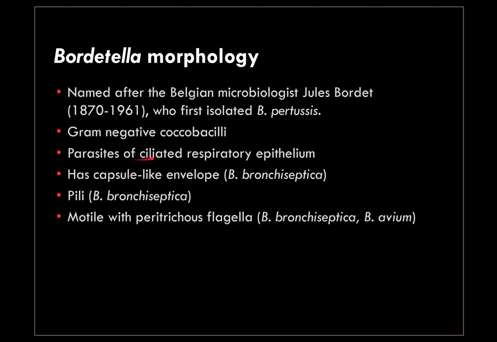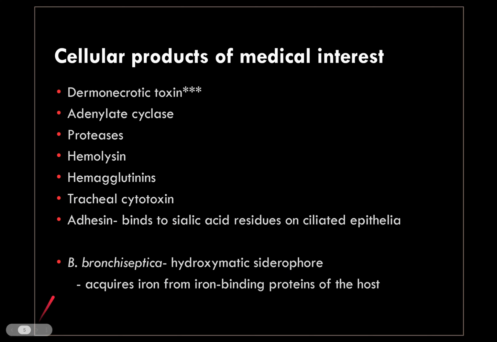They are considered parasites of the ciliated respiratory epithelium and have a capsule-like envelope. This is seen in bronchiceptica. Bronchiceptica also has villi and is considered motile, together with B. avium.